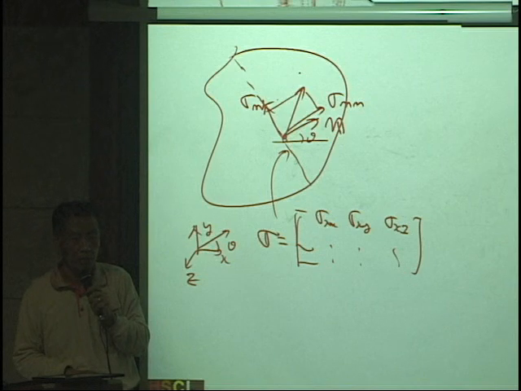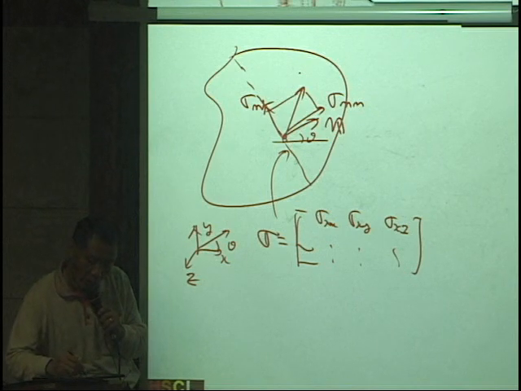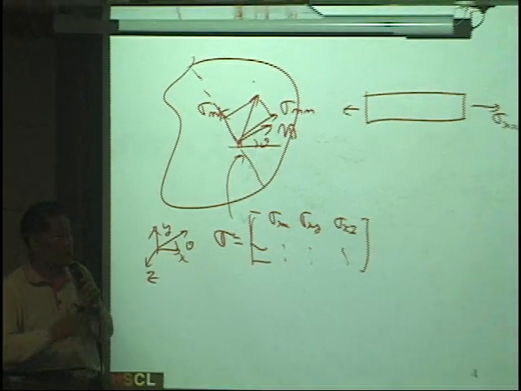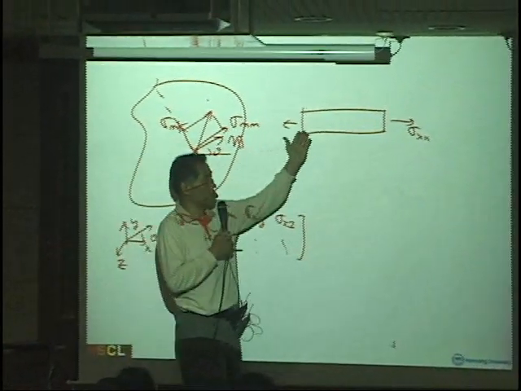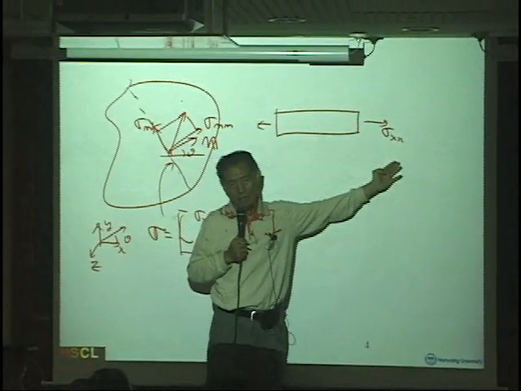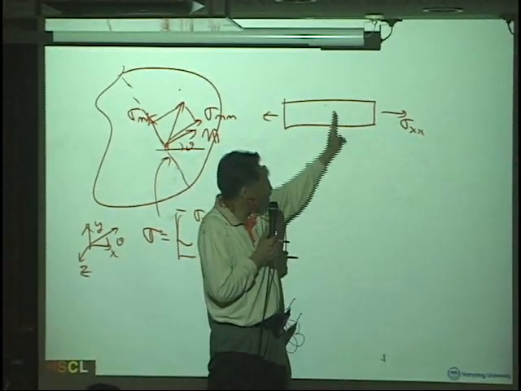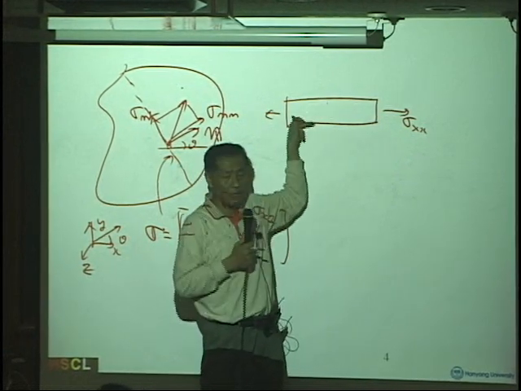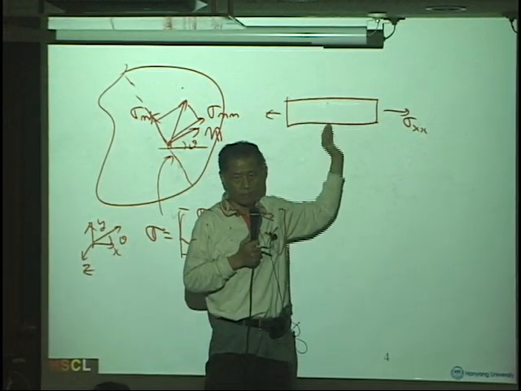So again, if we refer to the one-dimensional case again, this is a sigma xx. So inside the body, we're subject to a sigma xx, meaning every cutting section will have a sigma xx like that, right?